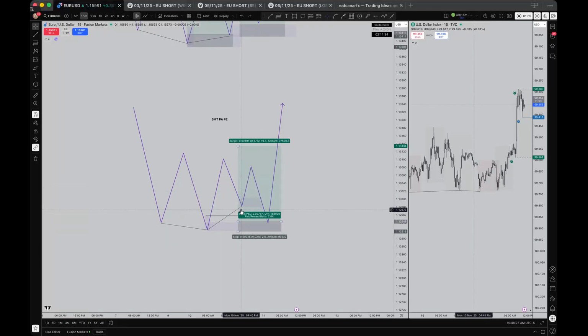Because then it's very likely that price will use that second point as liquidity to tap into the extreme. Okay, but still respecting the SMT overall, just going and mitigating all the way through.